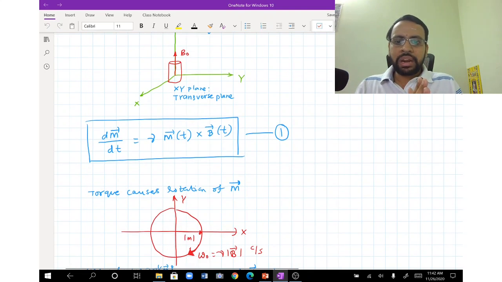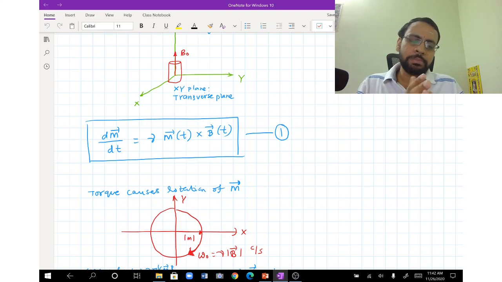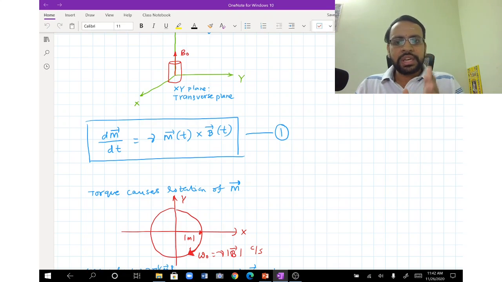And we arrived at the expression dM bar by dt is equal to gamma times the cross product of M bar of t, the resulting magnetic field, and the applied external magnetic field B bar of t. As we discussed in the previous lectures, this M is a function of x, y, z as well as time.